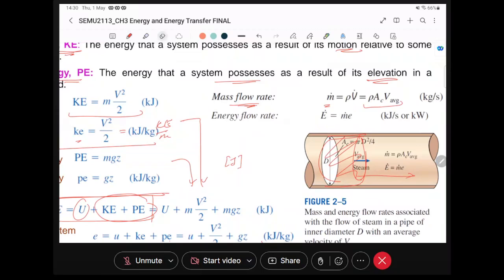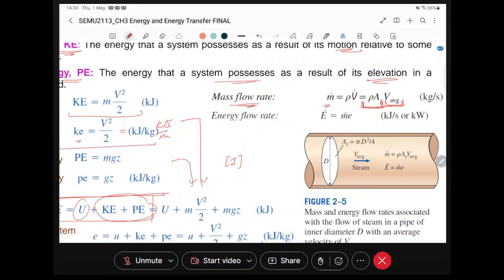So the way we calculate it is to calculate the volume first, and then we multiply with the velocity. So sorry, rho A V. Rho A V, yes.